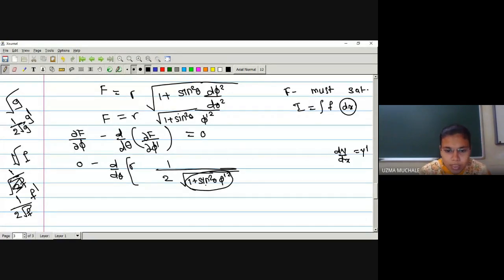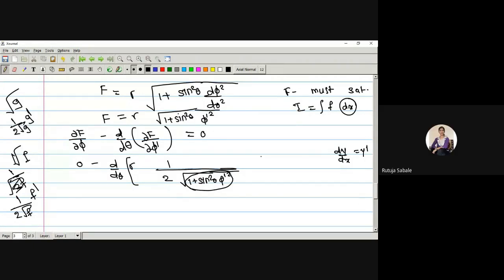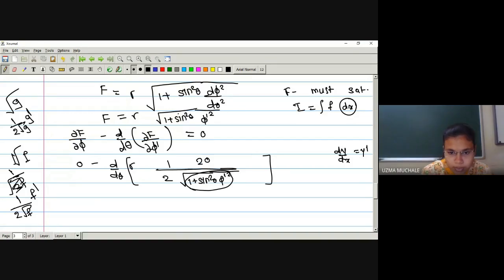So what is the function here? g is 1 plus sine square theta phi dash square. Its derivative is 2 phi dash sine square theta. So this 2 gets cancelled, which is equal to 0.